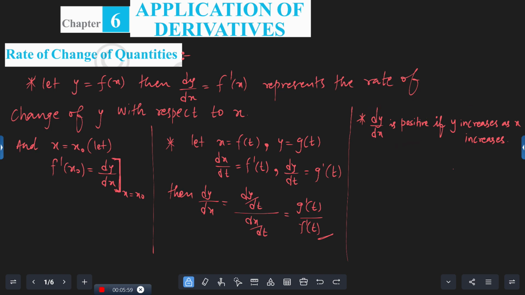And suppose dy by dx is negative, that is if y decreases as x increases, the opposite. If y decreases as x increases, dy by dx is negative.